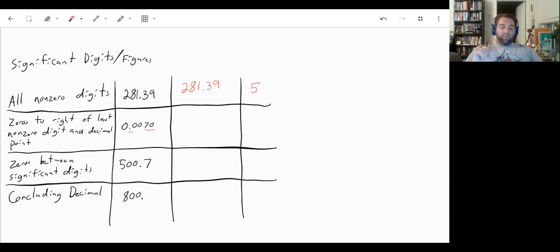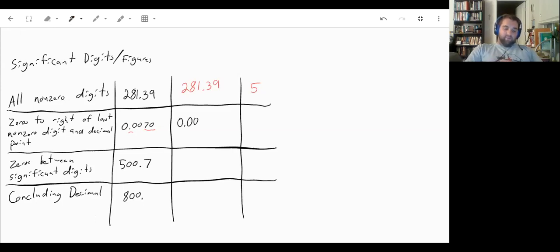So our second rule comes from when we have a 0 to the right of the last non-zero digit. So our 7 is our last non-zero digit, and we have a 0 to the right of it. And it's not only to the right of that 7, but it's also to the right of the decimal point. What happens then is all of those first zeros are placeholders, so none of those are actually significant.